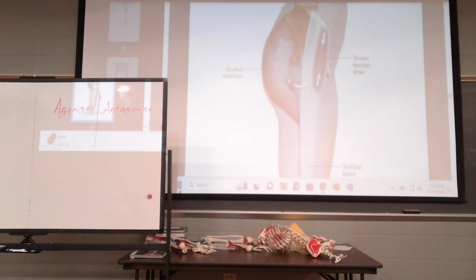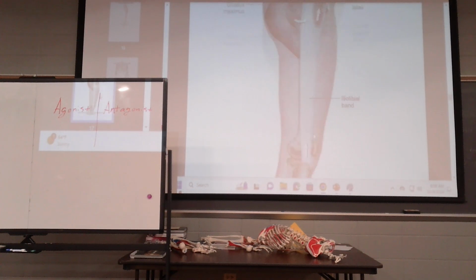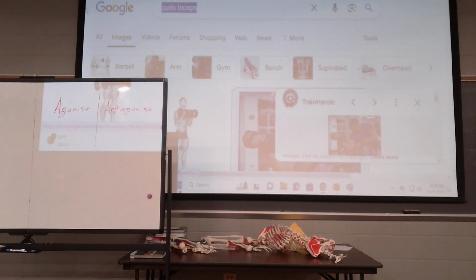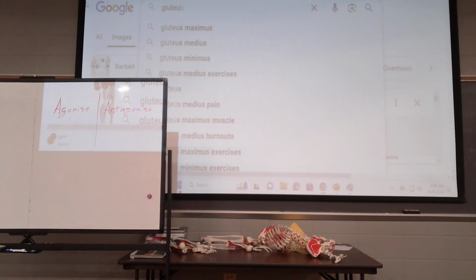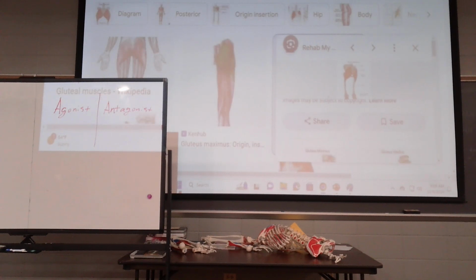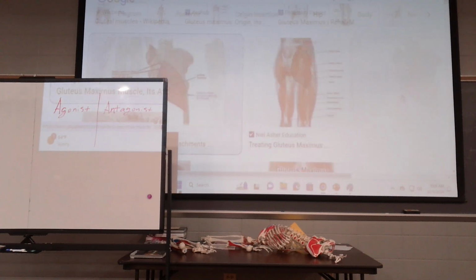So that can sometimes get confusing when you have this blending onto this fascia, and it looks like all the bones are yanking on it. But this is really what's happening here.